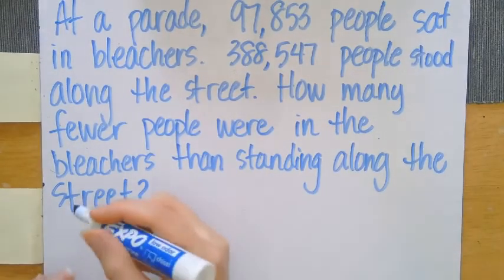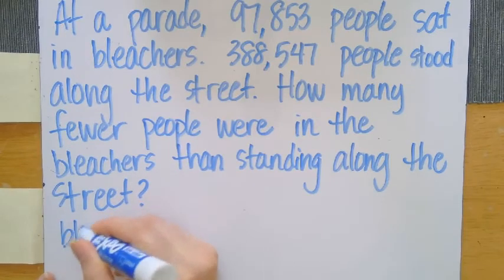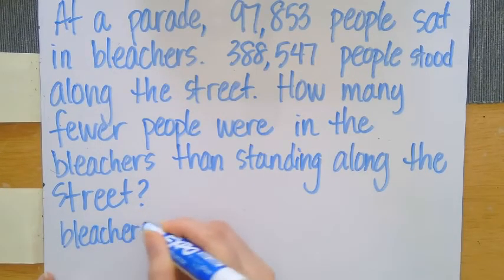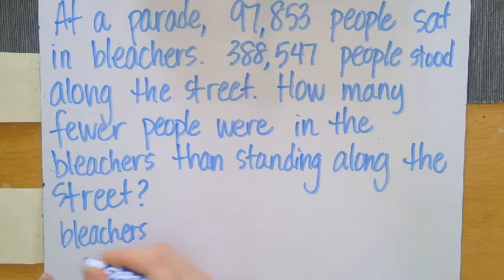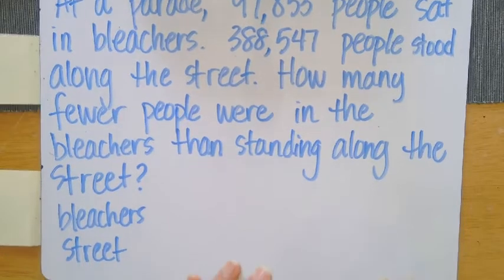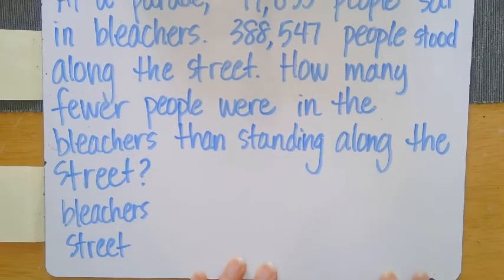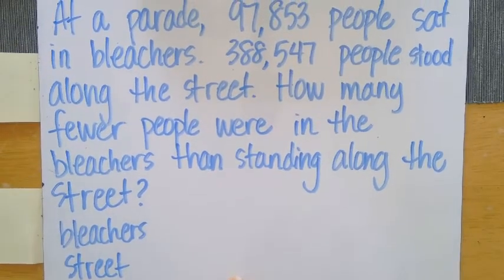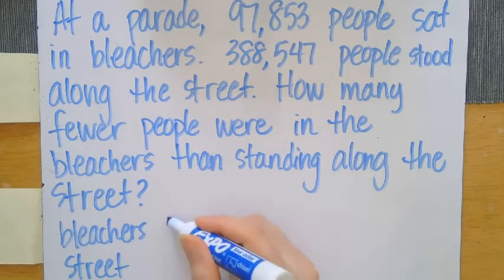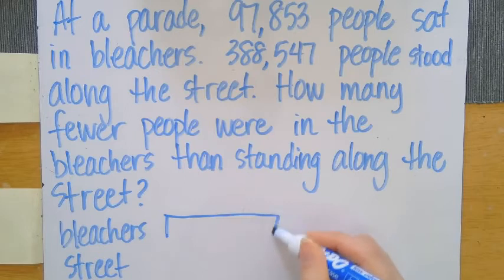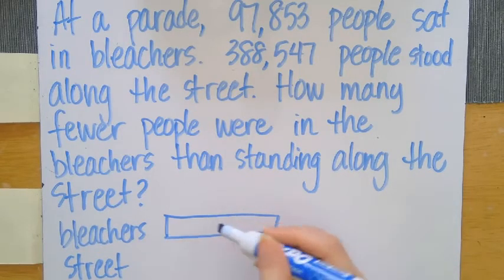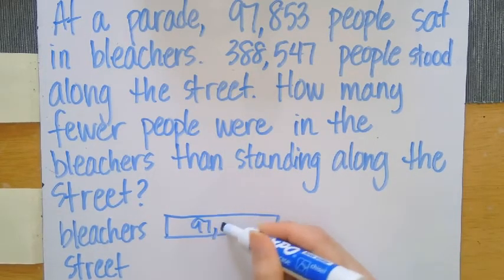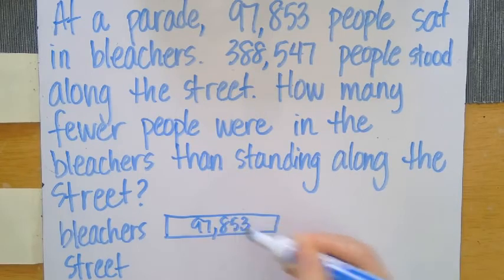I'm going to go ahead and put bleachers or street. I could have put seated or standing also. So for bleachers, how many people were seated in bleachers? 97,853.